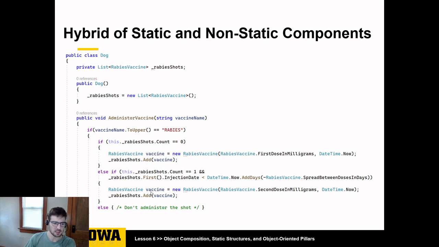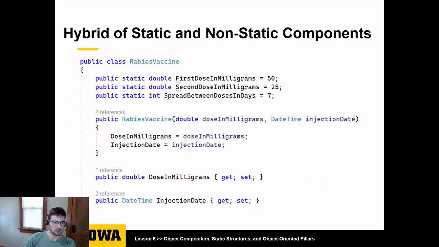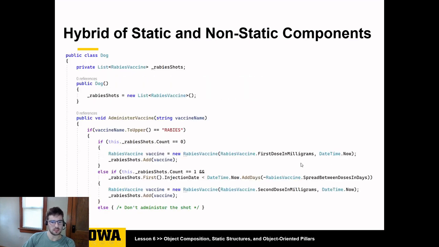Okay. And then in the second case, if they already had a rabies shot, then we can make sure that we're not injecting it too soon. So we can refer to the globally established recommended spread between doses, right? We're referring to this value here, spread between doses in days, and we can use that in our logic for administering a single vaccine.